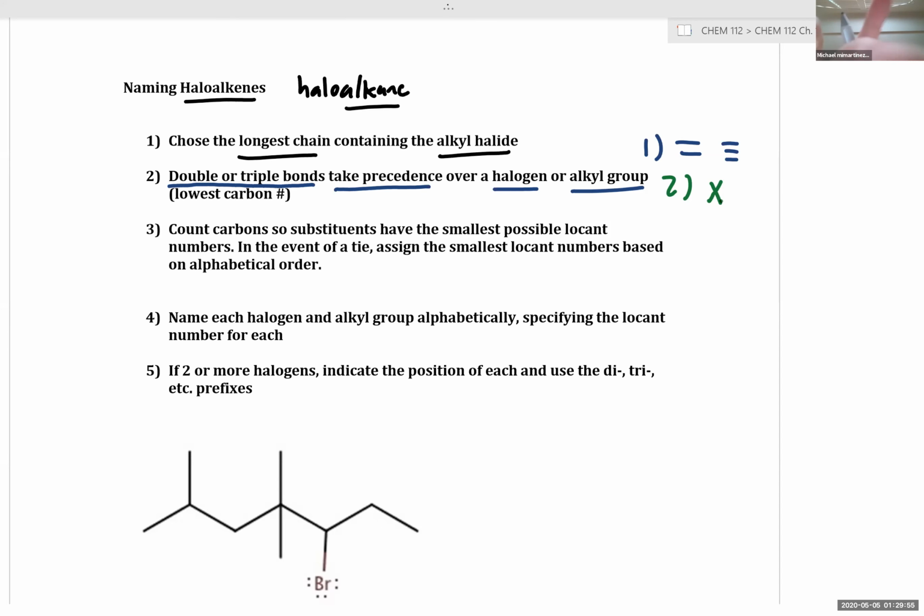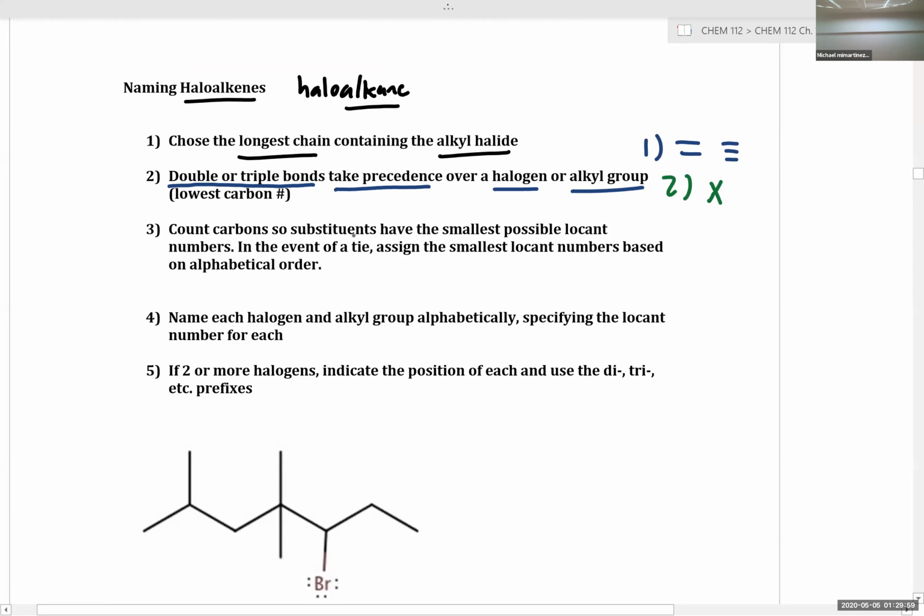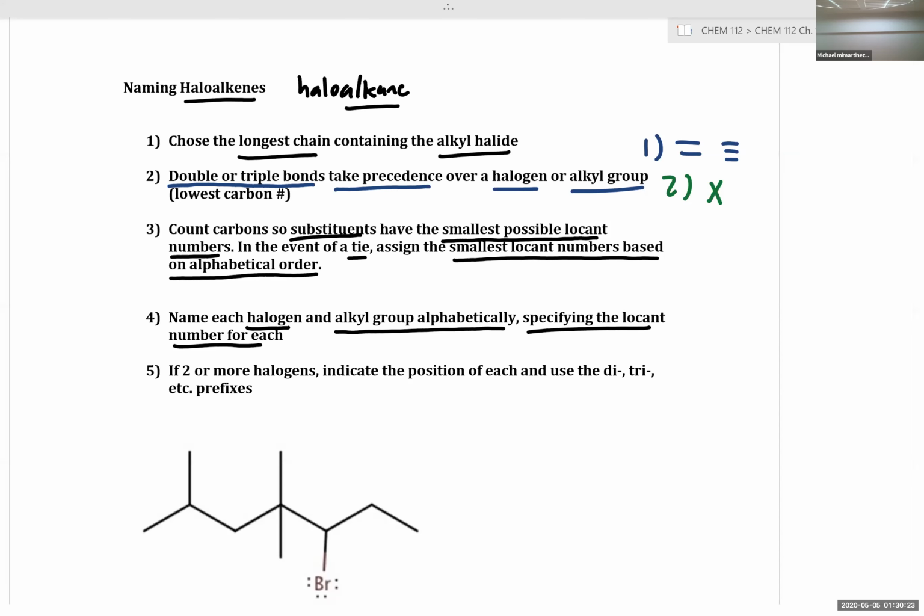So you count carbons so your substituents have the smallest possible locant numbers. In the event of a tie, you assign the smallest locant numbers based on alphabetical order. You name each halogen and each alkyl group alphabetically, specifying the locant number for each. So halogens don't get a special suffix. You just name them like an alkyl substituent.